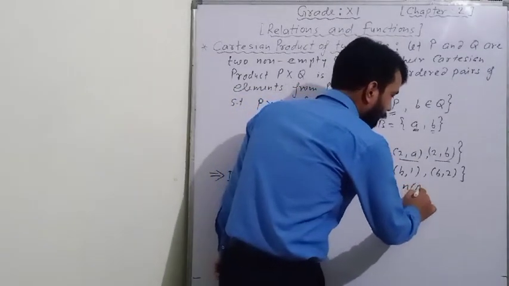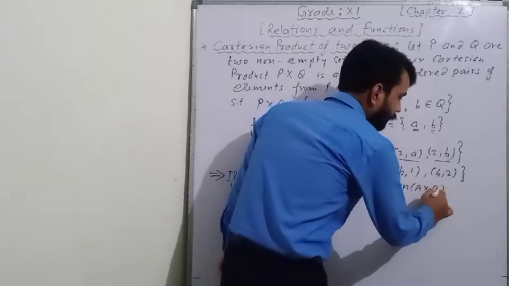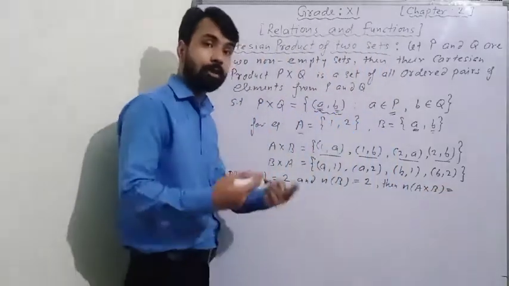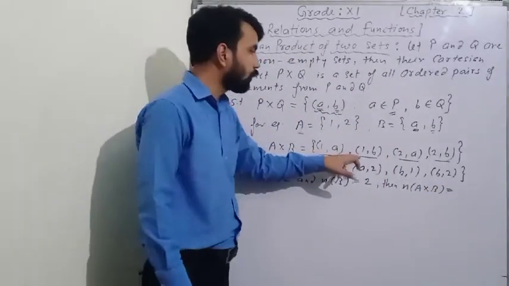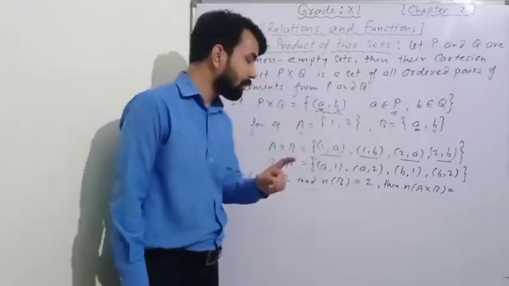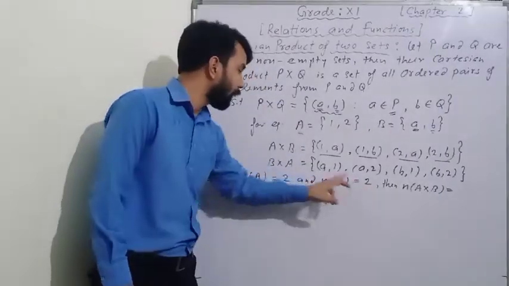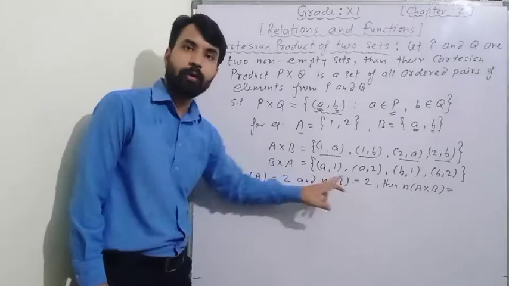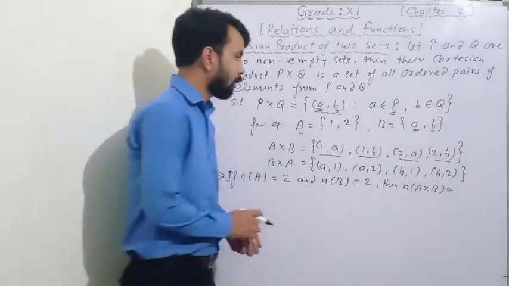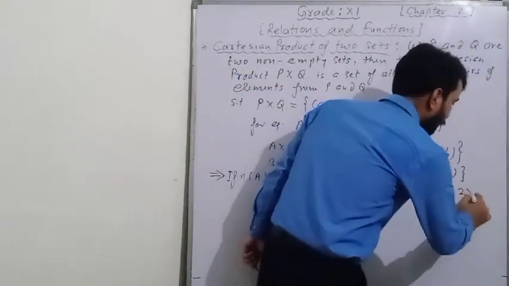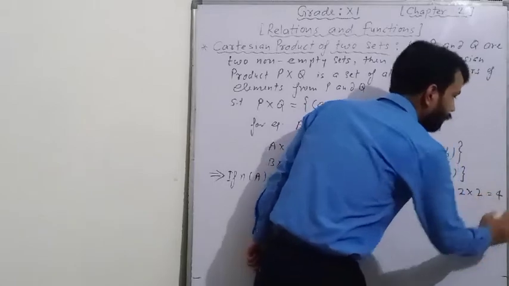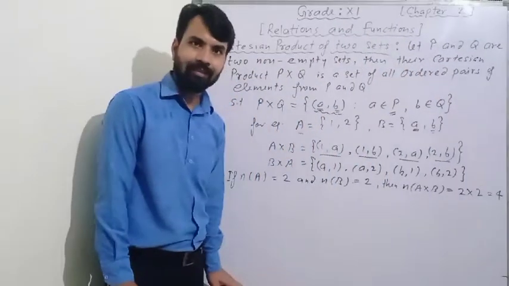number of elements in A cross B will be how much? In A cross B 1, 2, 3 and 4. That means the product of the number of elements of both the sets, 2 into 2, that gives you 4. Is it clear?